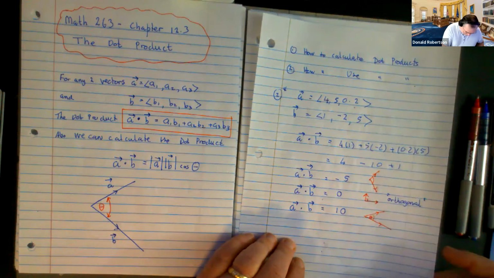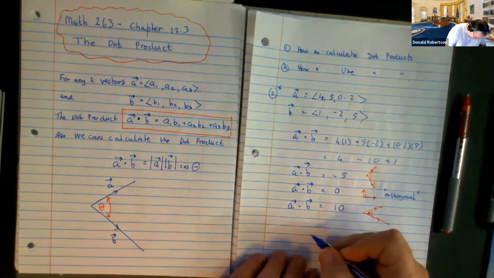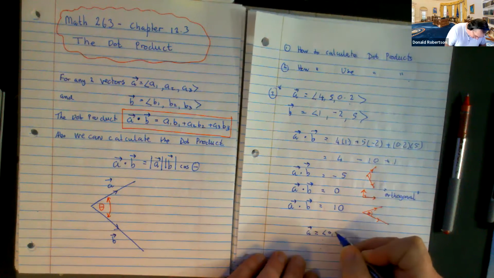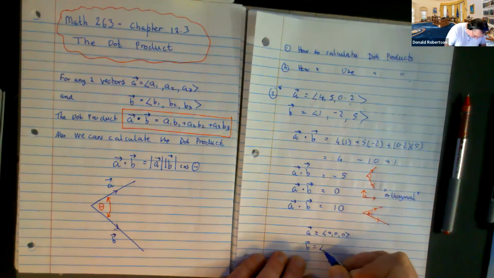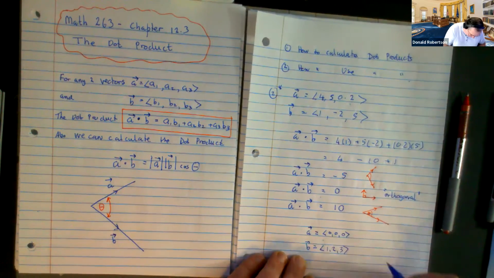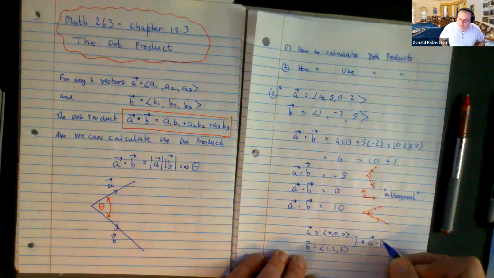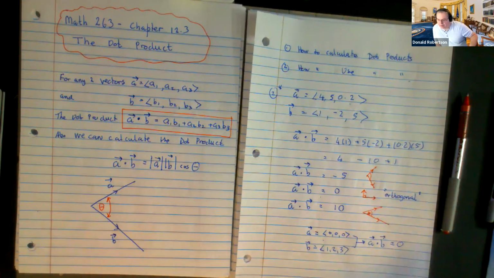There is only one exception to this middle rule. Suppose A was a 0 vector. Wouldn't you also get a dot product of 0? Right, 0 times 1, 0 times 2.